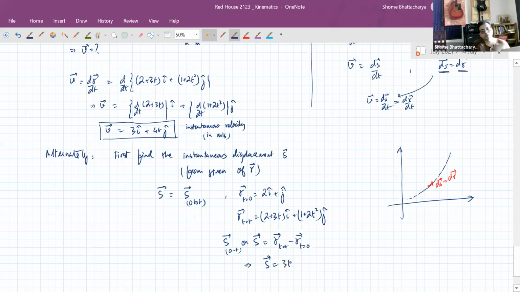So you will get 3t as the x component and 2t square as the y component. So now this is my instantaneous displacement. So it is displacement as a function of time.